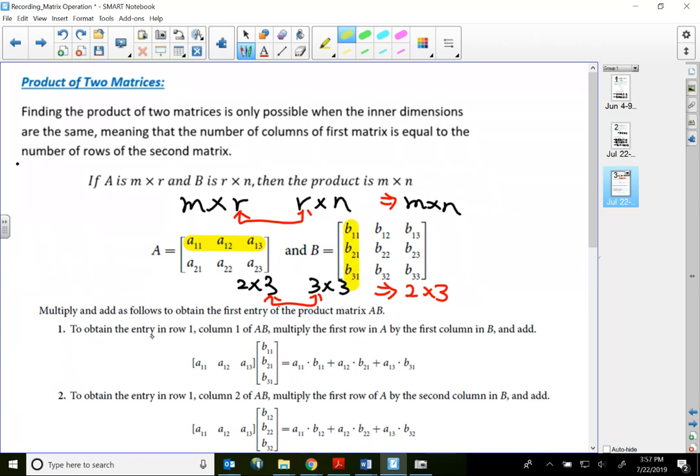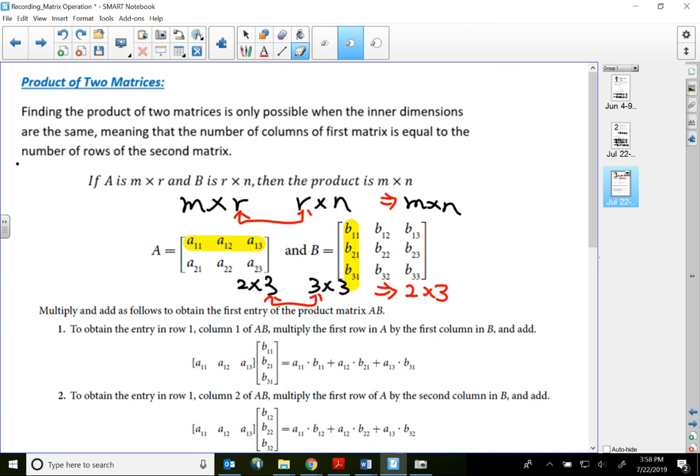To obtain the entry of row 1, column 1 of the resulting matrix from A times B, you take row 1 and column 1, and that will give you the 1, 1 entry. Row 1, column 2 will give you the 1, 2 entry of the answer.